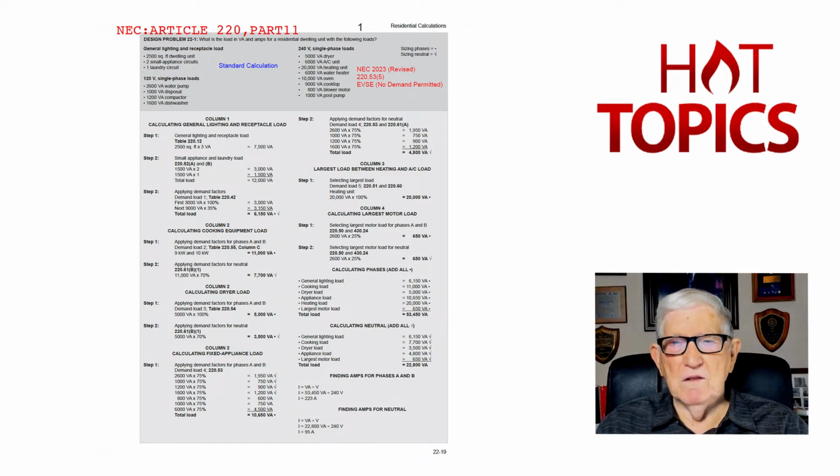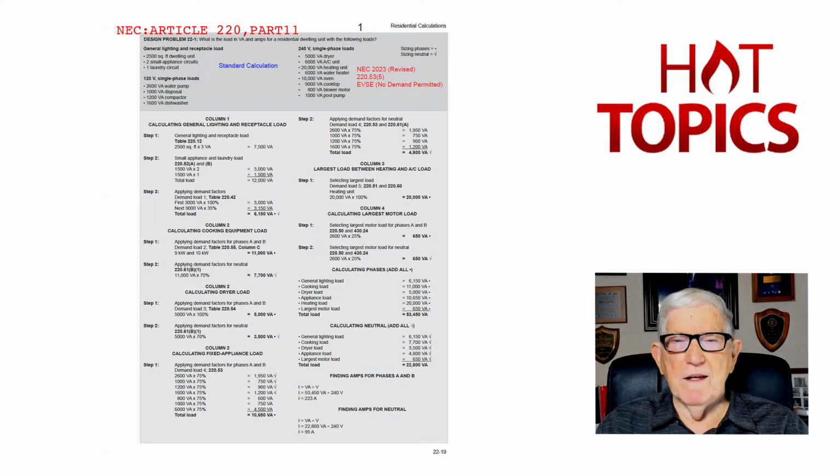And when we get into calculating the largest motor, then we take the largest motor or appliance, and it's 2600 VA, which is the largest. And when we go back and do our selection in step 2 of the demand load 4, you see 2600.